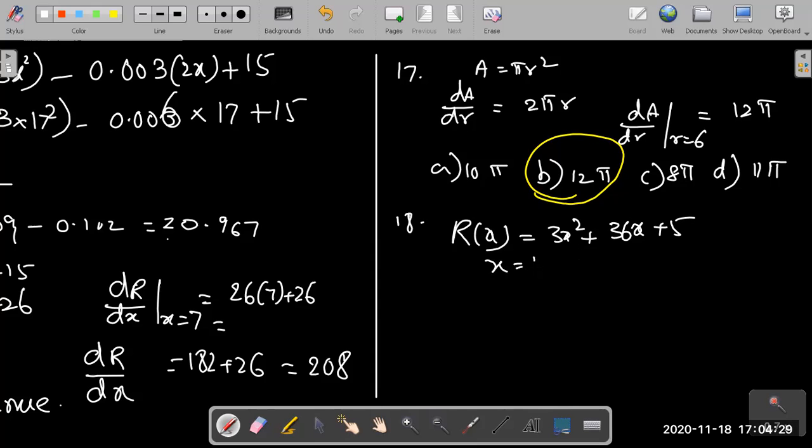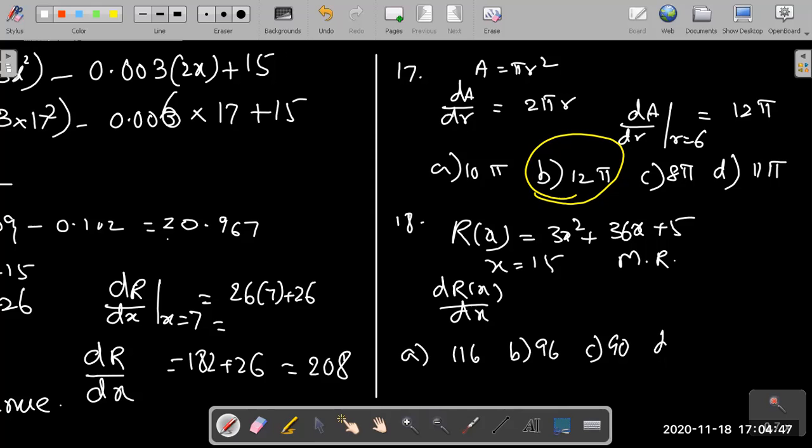MR, we call marginal revenue. So you do dR of x by dx. Let me put the options. Option A is 116. Option B is 96. Option C is 90. Option D is 126.